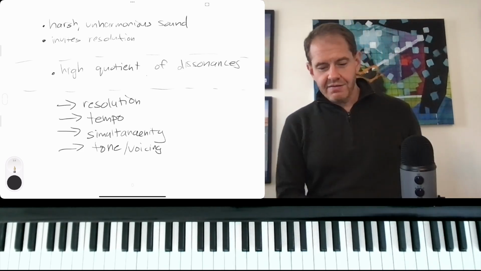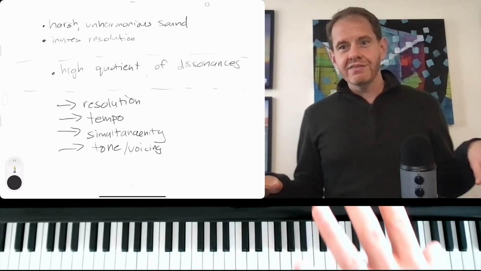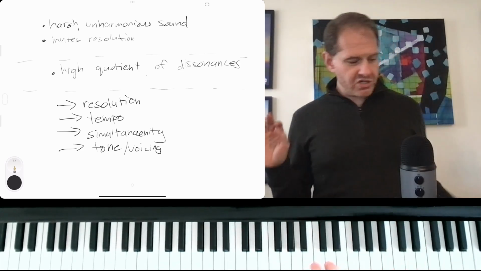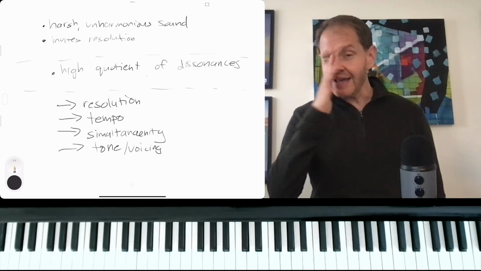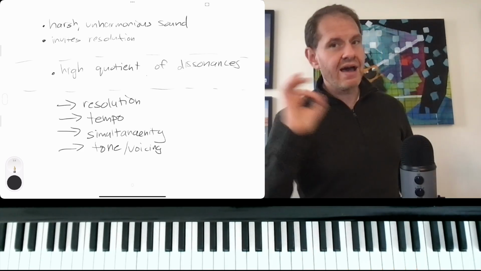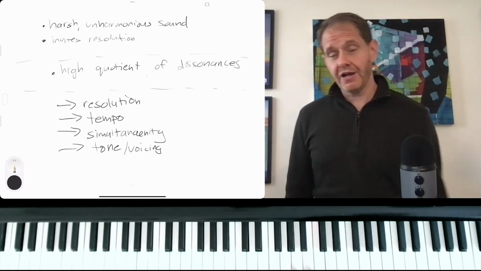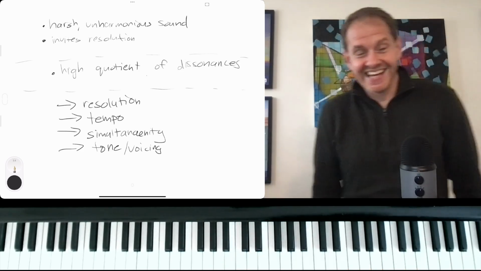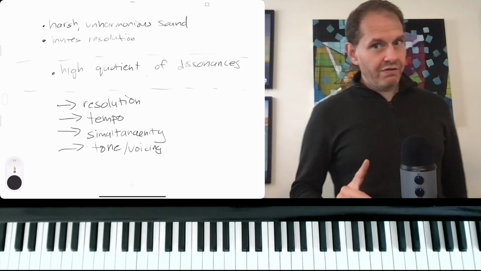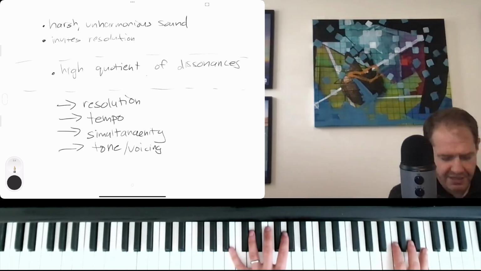Okay, and John Taylor starts with the interval that you're not supposed to start with, a minor ninth. This is the one thing that I tell students, like, that is the interval to avoid. Right. Sucks. And he doesn't resolve it at all. He plays this.